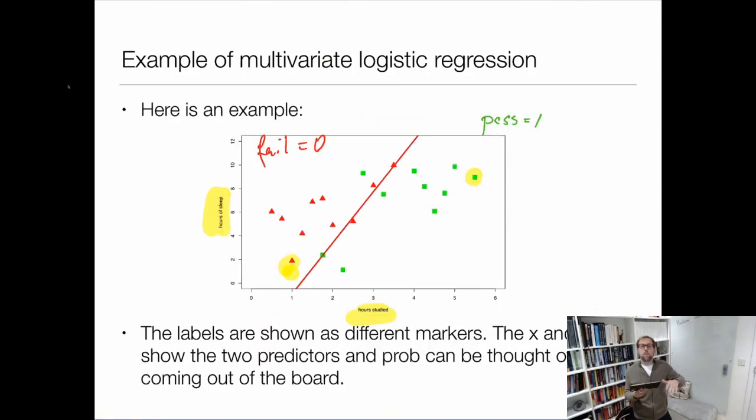Now if I go one more dimension, then obviously my two predictors are already 2D, and the probability, if I choose to plot it, would be a third dimension. I haven't plotted it here, but you could think of the probability as being like a 3D function coming out of the plane. So it would be flat, close to 0 on the left hand side, then it would go up, and it would cross a half exactly at the red line, and then it will slowly approach 1 further to the right.